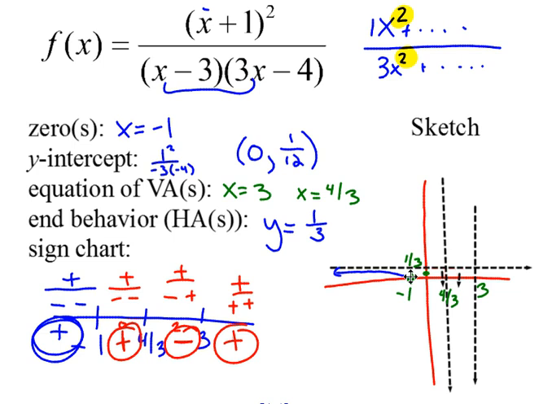And then from -1 to 4/3, we're also staying positive, and have to go through that y-intercept. And it's okay to cross the horizontal asymptote in the middle, because remember the horizontal asymptote is the end behavior, so we care more about the end. Then we know that it's negative between 4/3 and 3.